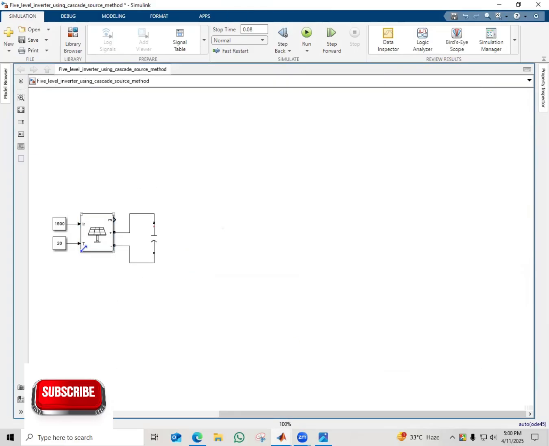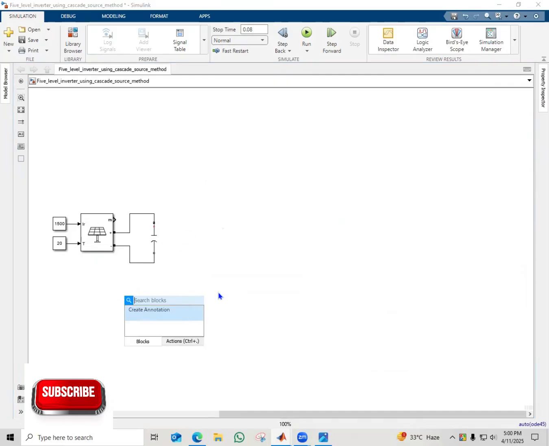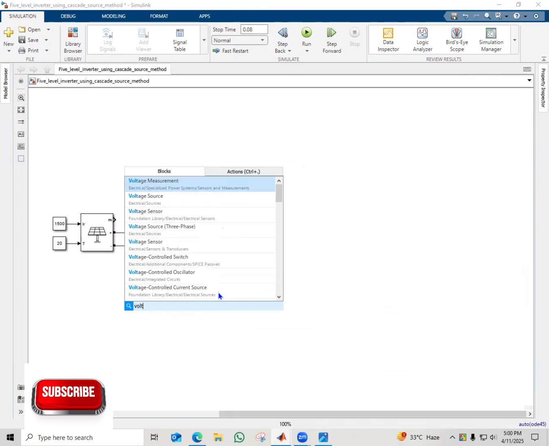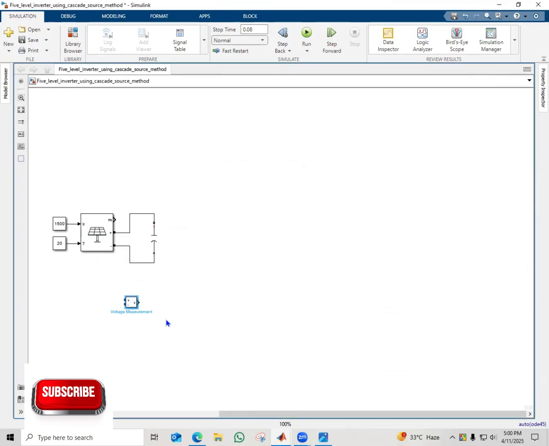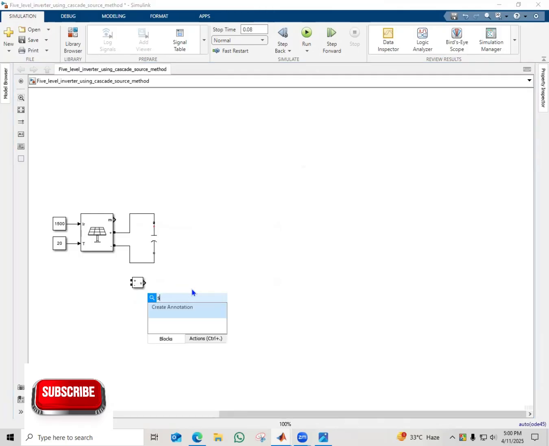Now basically this is the low voltage source, and in this case we have to step up this voltage. To see the voltage level here, we need a voltage measurement and a scope function.